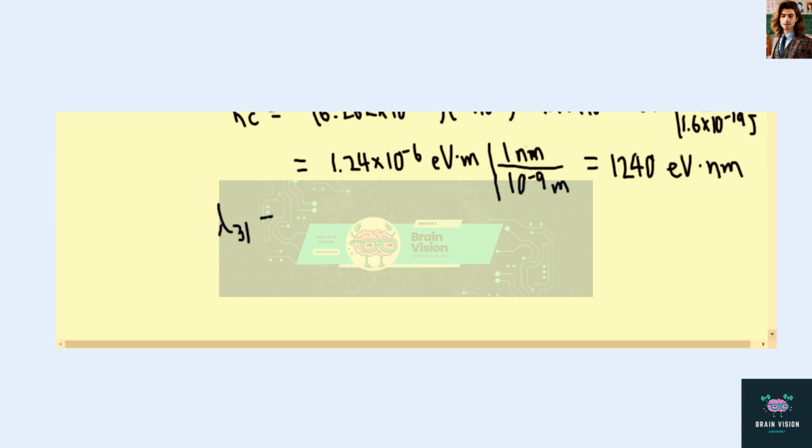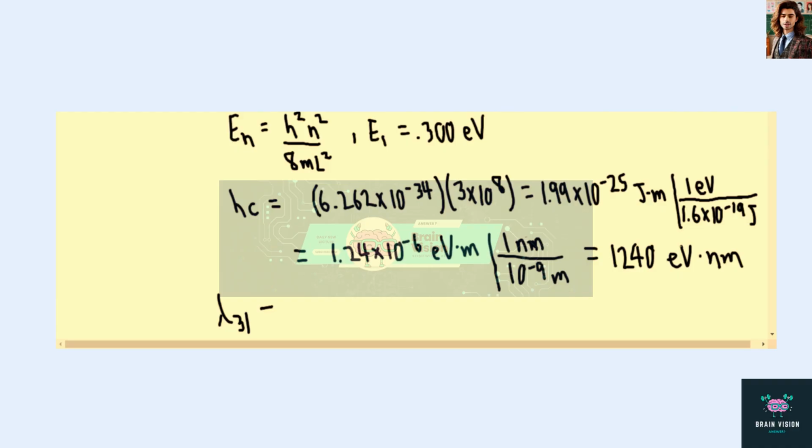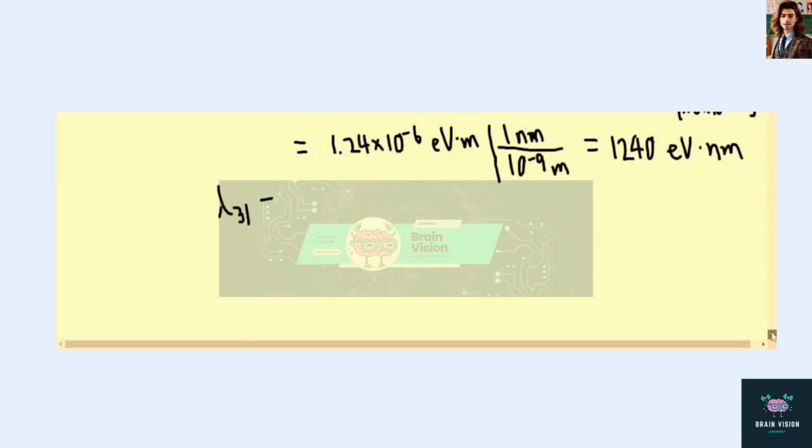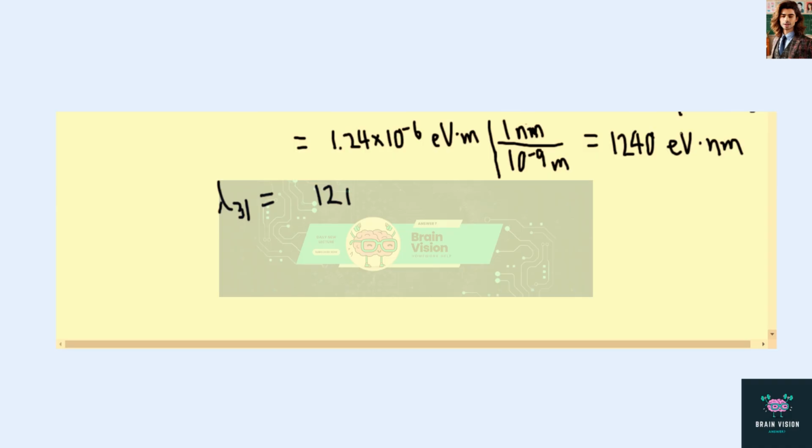Then, knowing that the ground state energy is 0.300 electron volts, using the equation for the energy of the particle in a box, we can calculate the photon wavelength by dividing hc by the change in energy between particle in a box energy states.